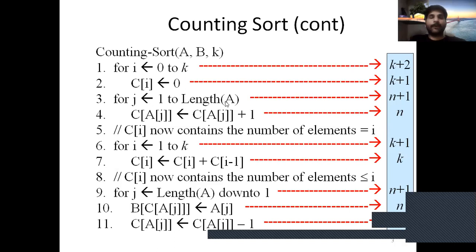Now, for the time complexity, we calculate the running time of each step of the given pseudocode. In the first step, i goes from 0 to k, therefore the total number of elements is k plus 1.